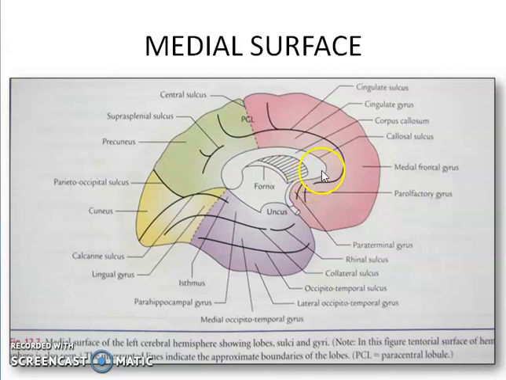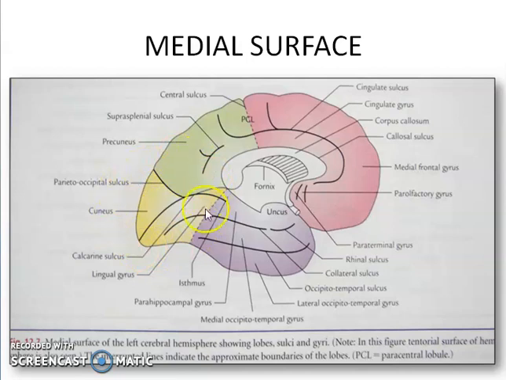The callosal sulcus separates the corpus callosum from the cingulate gyrus. A small part around the upper part of the central sulcus is called the paracentral lobule, PCL, whereas the remaining part is called the medial frontal gyrus.